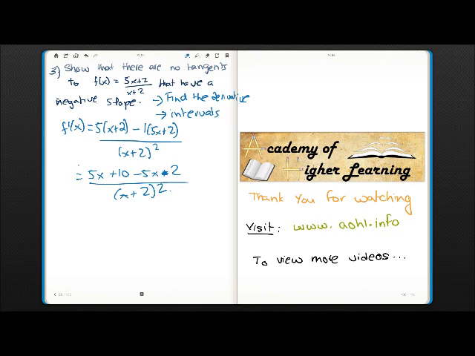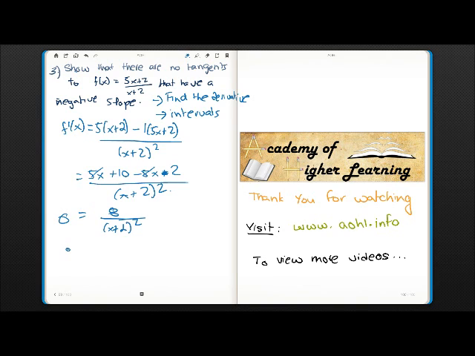And next, the 5x will cancel out, and this will give you 8 over x plus 2 squared. And as you can see, the derivative function will always be positive, because the bottom is always going to be positive since it's being squared, and the top is just 8.